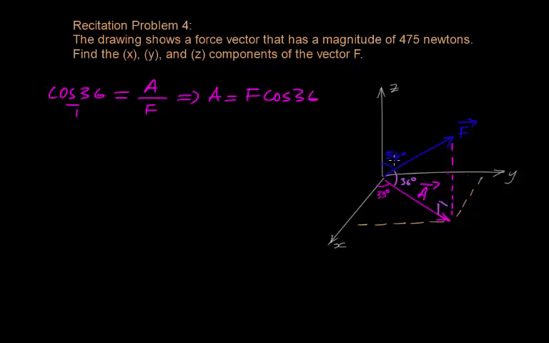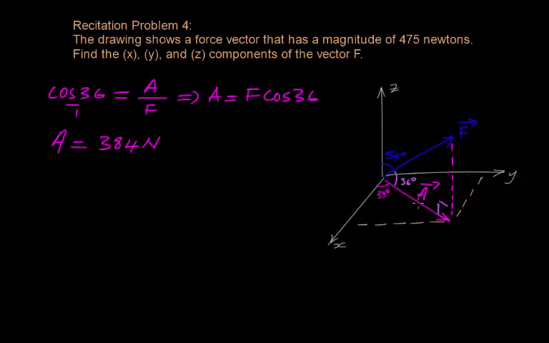I can also use the 54, but if I use the 54, the result will be A equals f sine 54. The answer will be exactly the same. Now, we know the f, it's 475. Put those together, we solve for A, A equals 384 newtons.